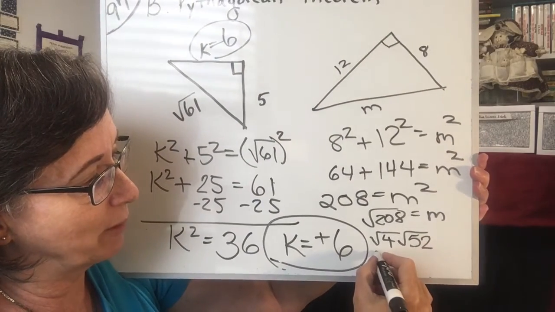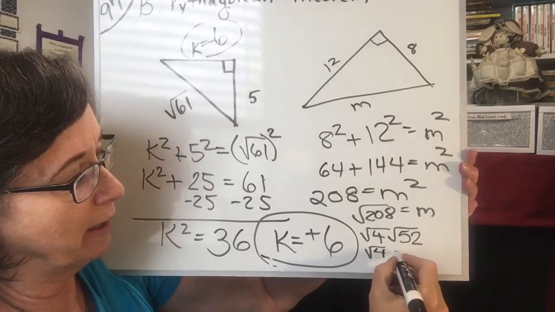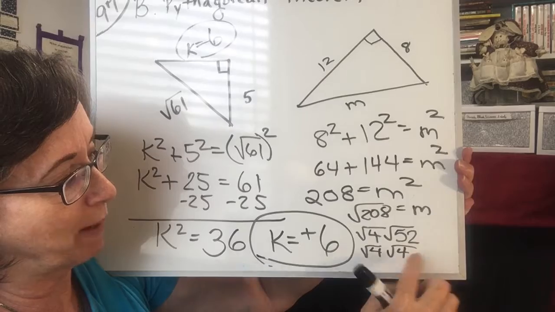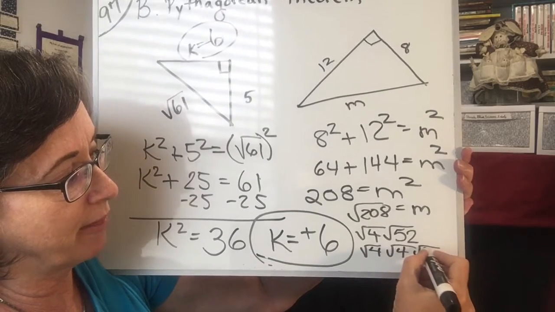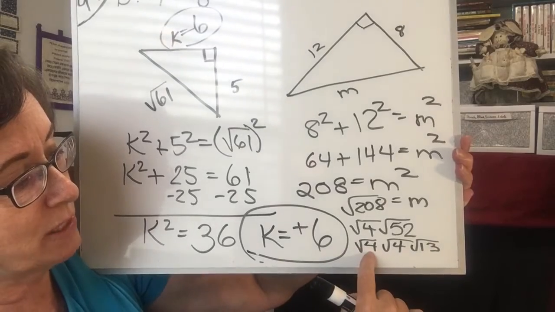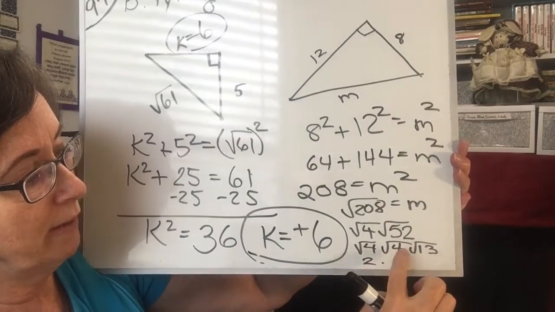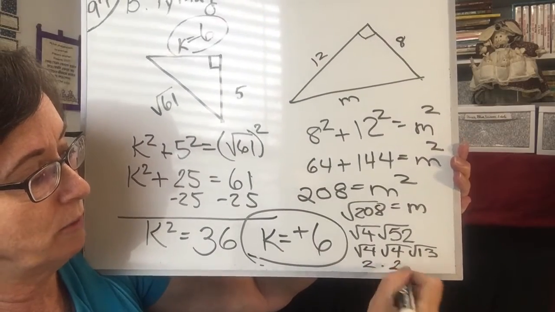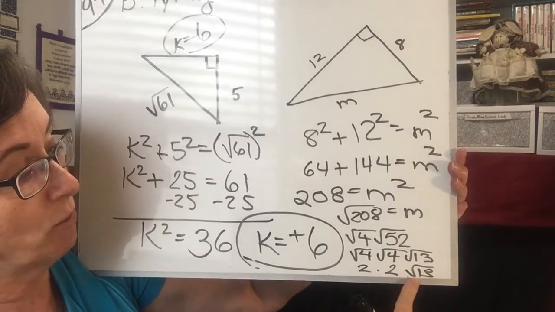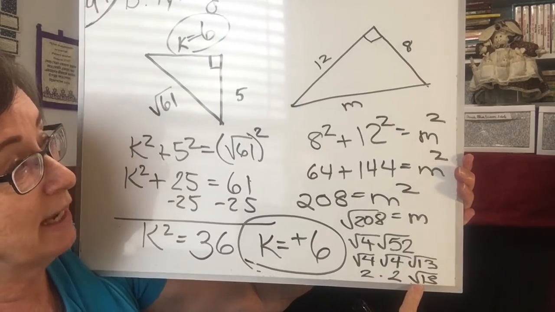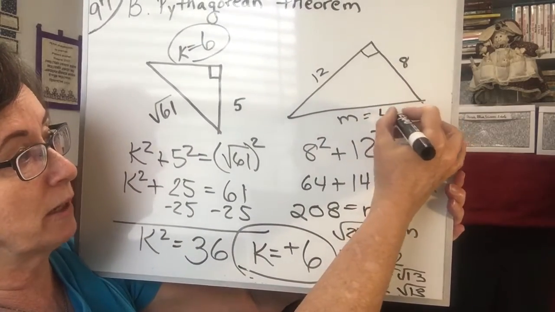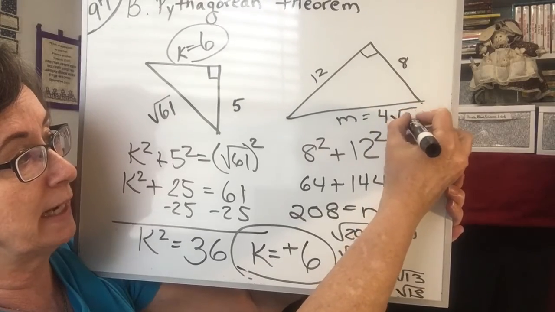So I'm going to end up with square root of 4, square root of 4 again, because 52 divides by 4, leaving a 13. So this square root of 4 is a 2. This square root of 4 is a 2. Square root of 13. 2 times 2 is 4 square root of 13. So our answer for this one right here is 4 square root of 13.